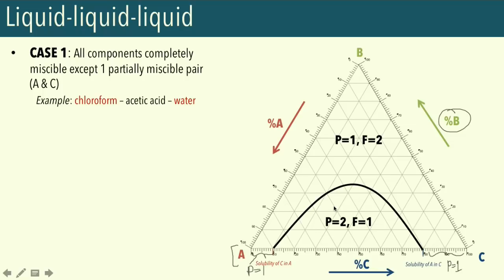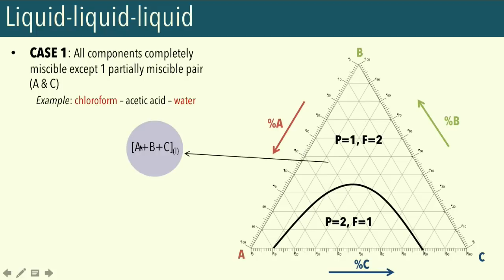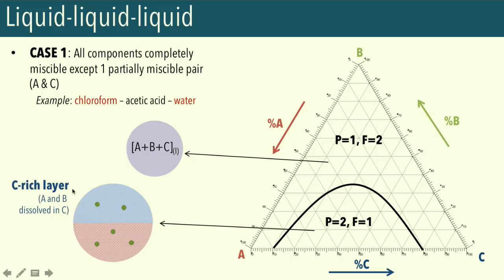To give you a picture of what's happening here, you have a homogeneous mixture of A, B, and C, and within this curve, the binodal curve, we're going to have a C-rich layer, so overall you have A and B dissolved in C, and then you also have a so-called A-rich layer. In this case, you have high amounts of A, so A acts as a solvent, and you have C and B dissolved in A.